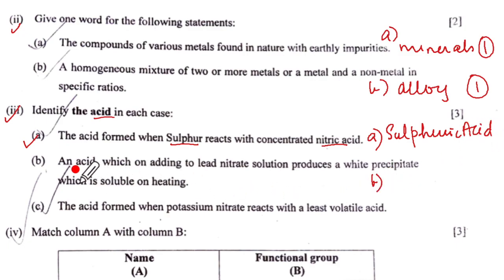Then an acid which on adding to lead nitrate solution produces a white precipitate which is soluble on heating. White precipitate soluble on heating is lead chloride. So which acid will remove this nitrate from lead nitrate and replace it with chlorine? This acid must have chlorine in it, so it will be hydrochloric acid.